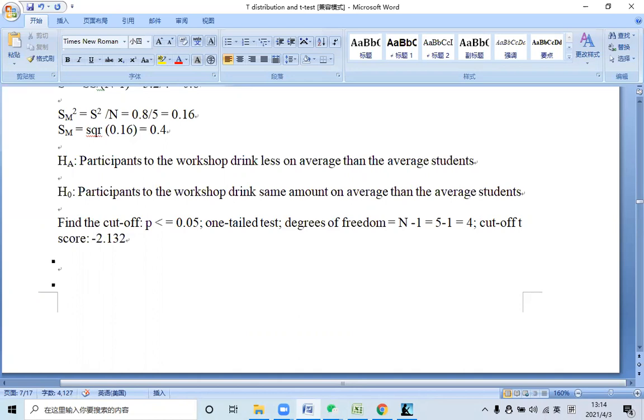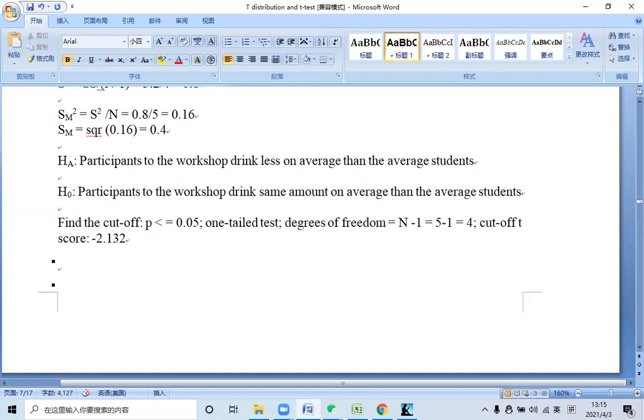So we're predicting that the mean of workshop participants minus the mean of the average population would be negative. So we have a negative cutoff.